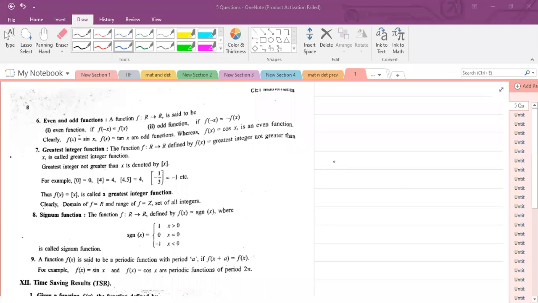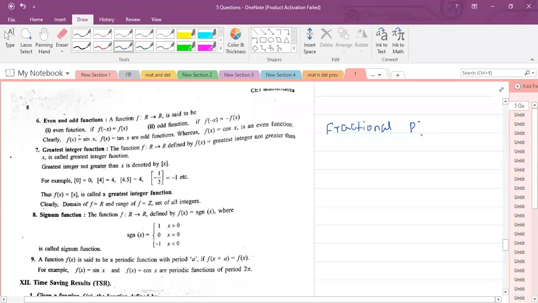Meanwhile, I will explain one more function, called the fractional part function. Usually for CET, you don't need this fractional part, but sometimes it may give a better idea to solve the problems.